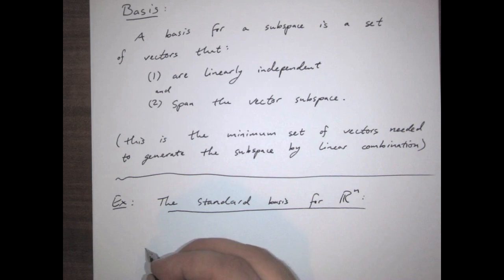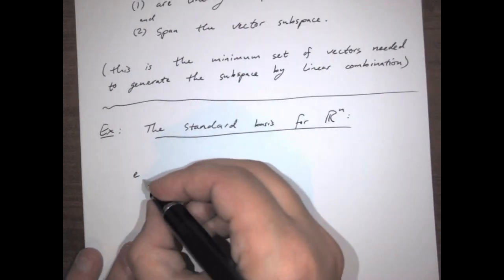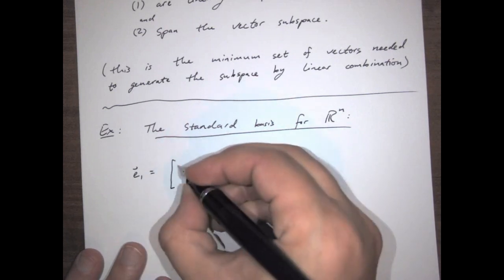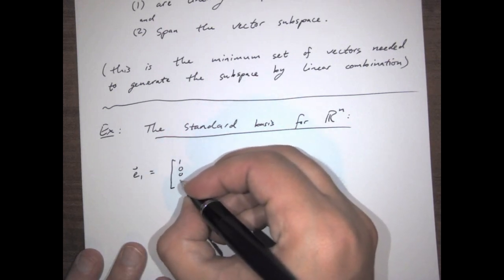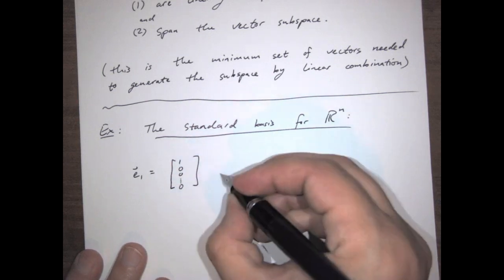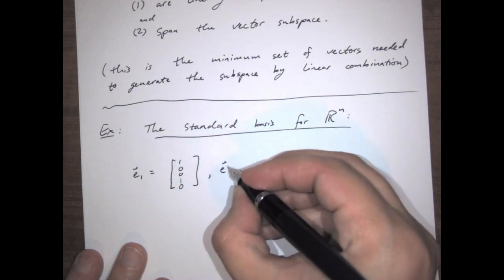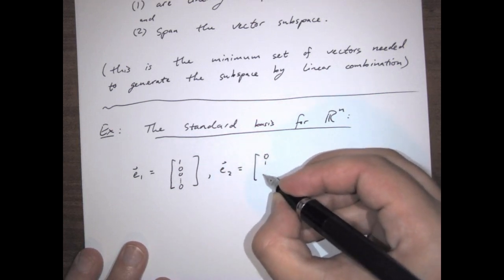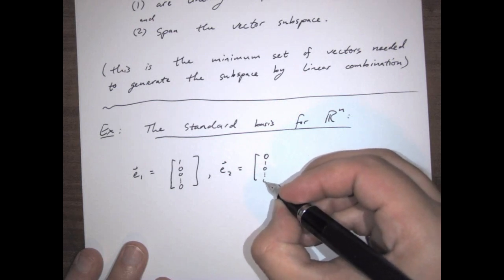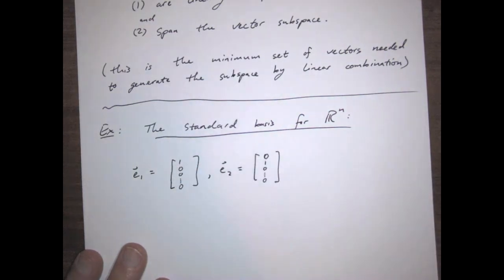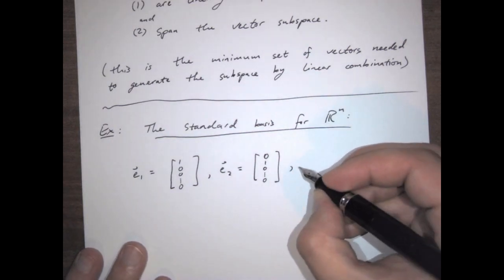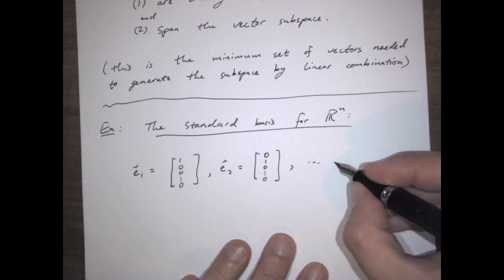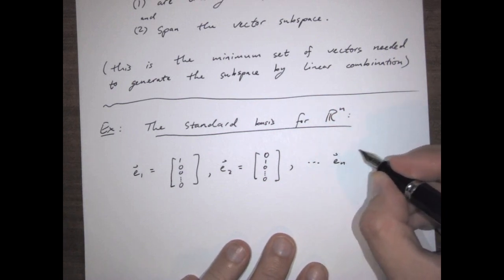This will be the collection of vectors we call E1 up through En, where E1 is the column vector that has a 1 in the first entry and zeros elsewhere. E2 has a 1 in the second entry. And so it continues until we get to the last of them, En.